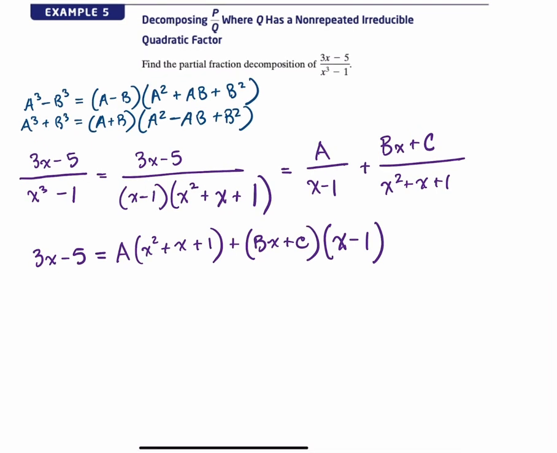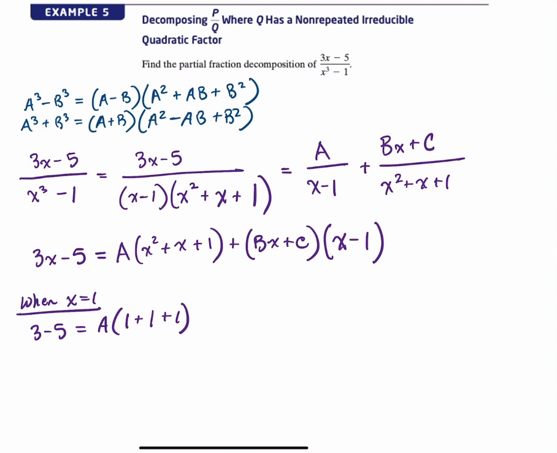So let's first see, is there some numbers we can plug in that will allow us to solve for one of the unknowns? I see off the bat, if we plug in positive 1, this entire term will be multiplied by 0, and we'll be able to solve for A. So let's see what happens when x equals 1. On the left side, that will give us 3 times 1 minus 5. And this will equal A times 1 squared, which is 1, plus 1 plus 1.